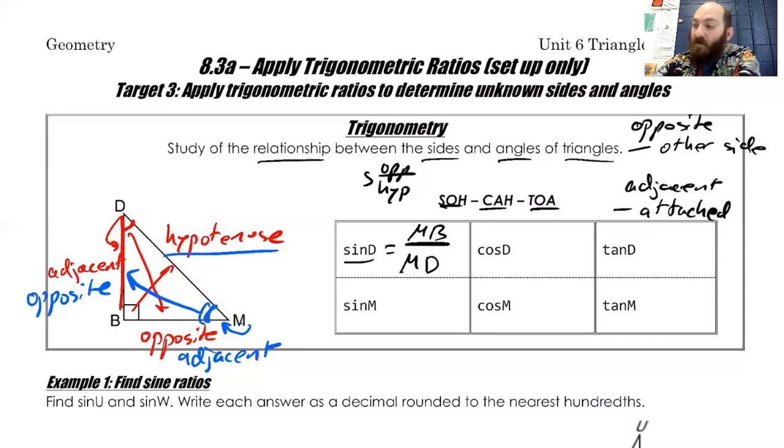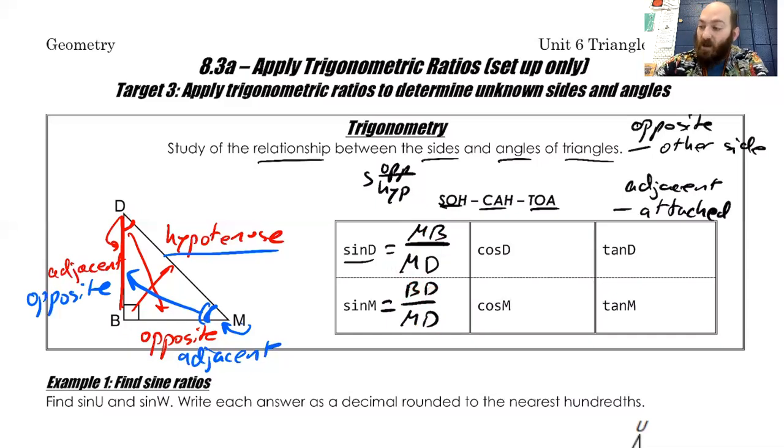If I do the sine of M, M is right here, but now my opposite side is over here. It's BD. So that's going to be BD, but still over the same hypotenuse of MD. Hypotenuse does not change, but which side is opposite depends on what my reference angle is.